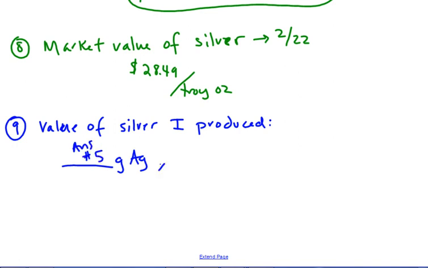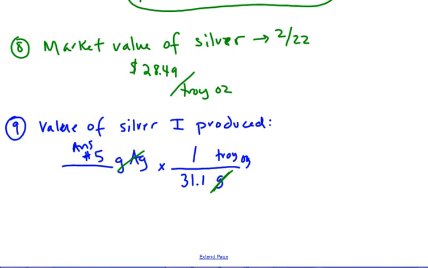This is in grams of silver, so we're going to have to do a little calculation to convert grams to troy ounces. It's given to us in the post lab: 1 troy ounce is 31.1 grams. That's just a given.